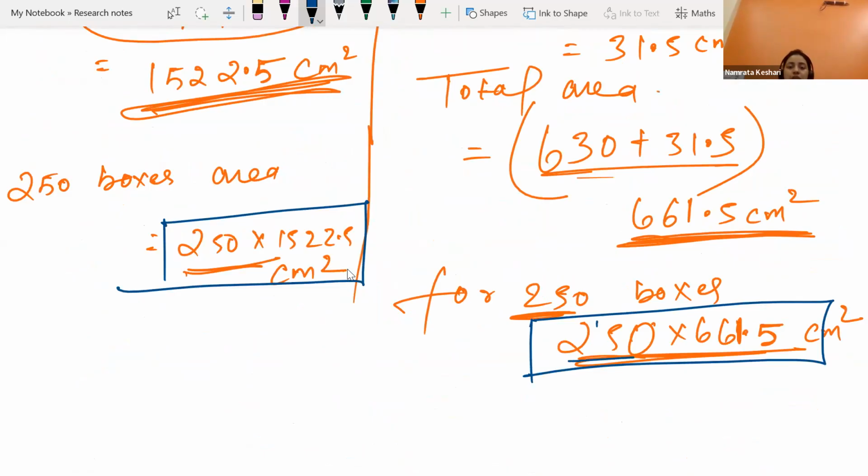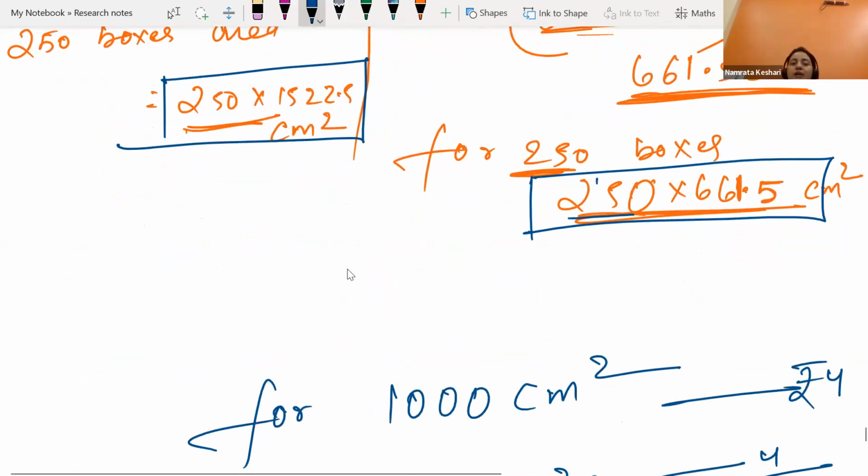Yes, ma'am. Okay, so basically you have added these two, right, Arhan? Yes, ma'am. Basically we need to add these two areas, so that the total this much cardboard is required for 250 of the bigger box and 250 of the smaller box.